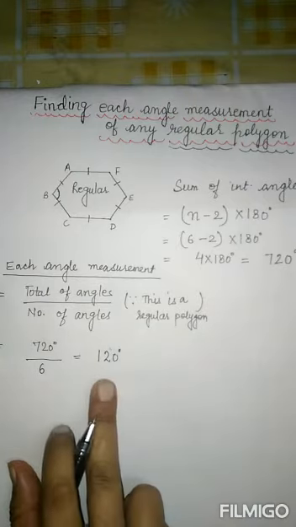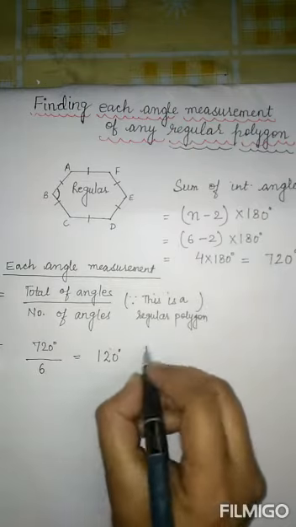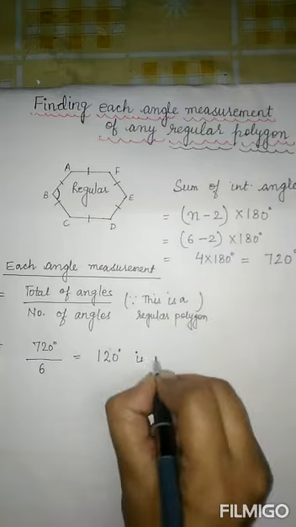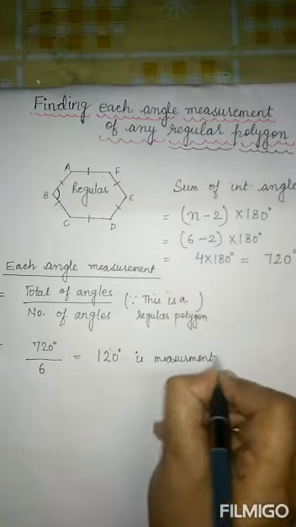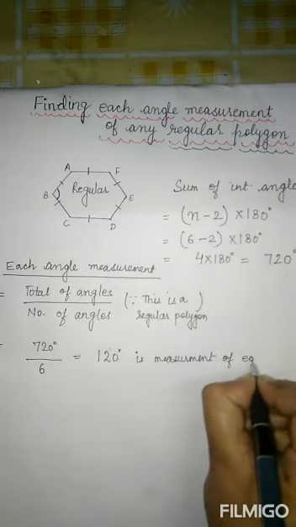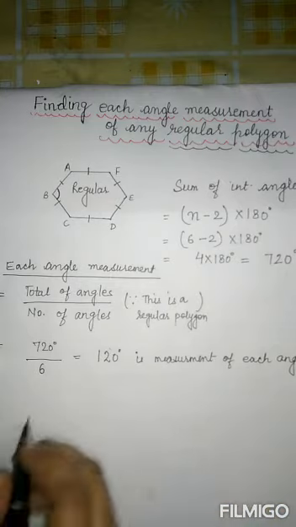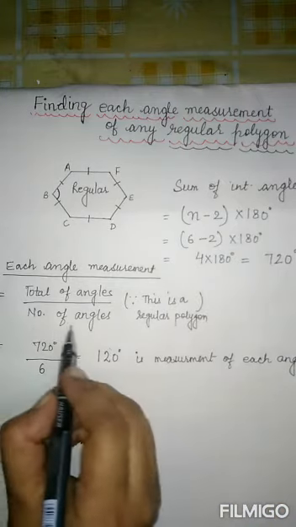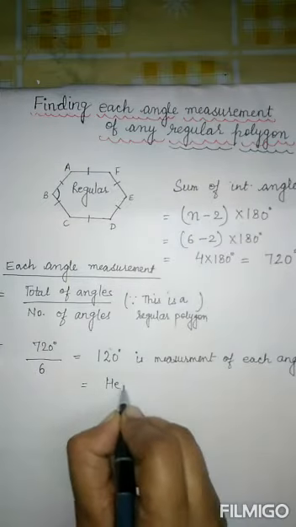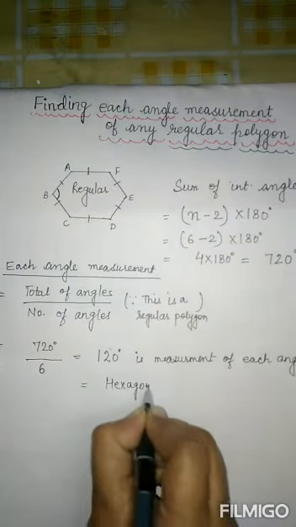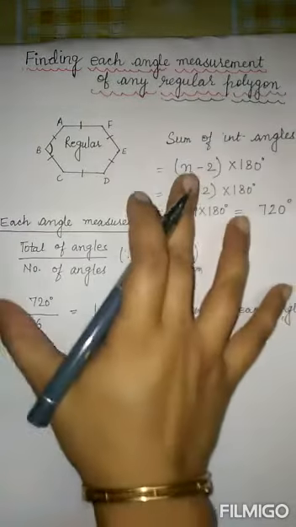Means each angle is of 120 degrees. 120 degrees is the measurement of each angle. And where the number of angles and number of sides are 6, this is called a hexagon. Okay, this was the concept.